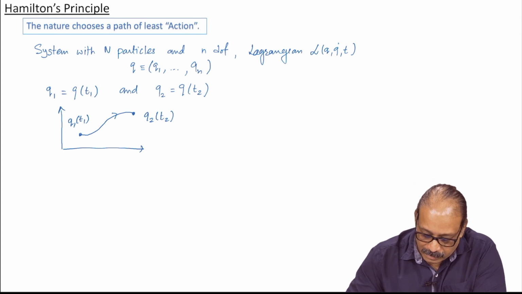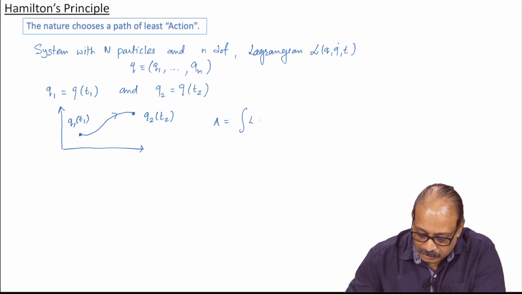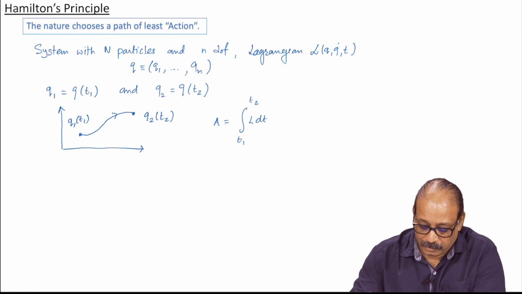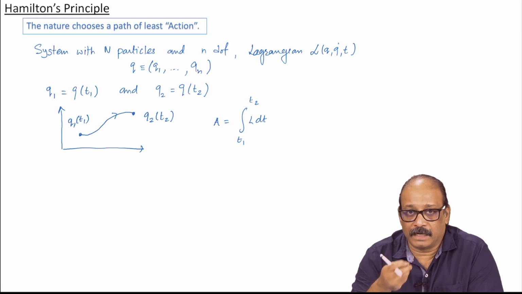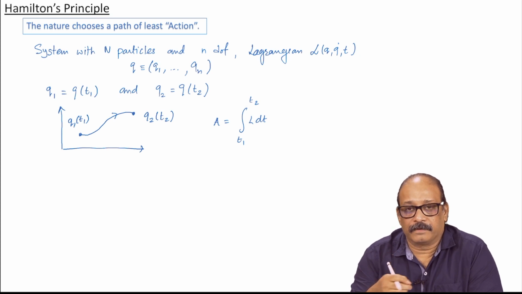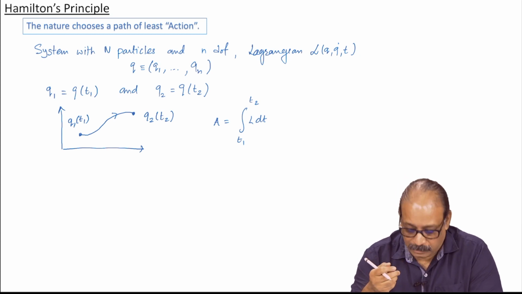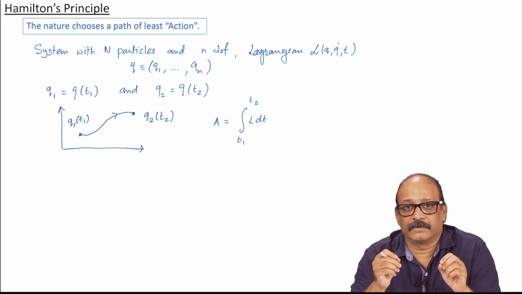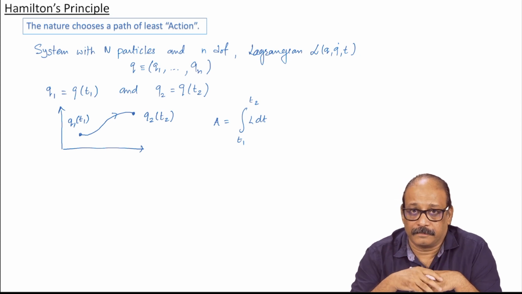action which is defined as integral L dt, okay, from t1 to t2. And remember, once I give you a path, I give you the time dependence of all the q variables, and from there you can calculate q dot, then the Lagrangian is just merely a function of t, you can do this integral.